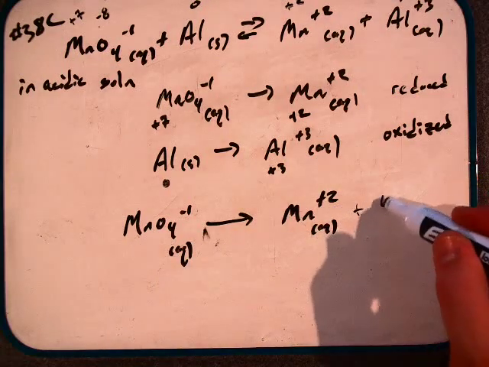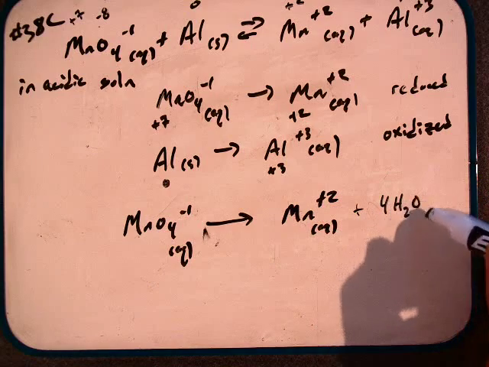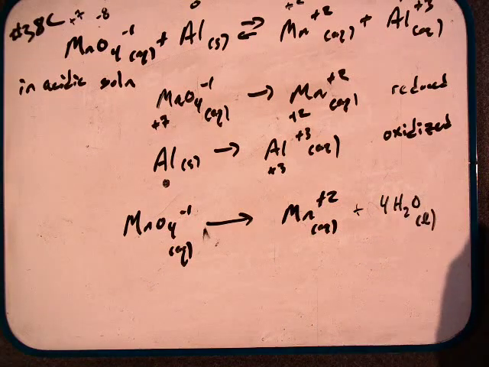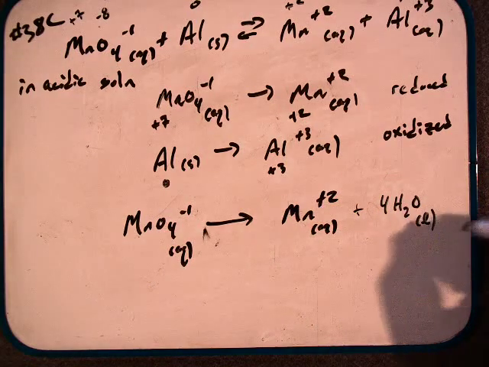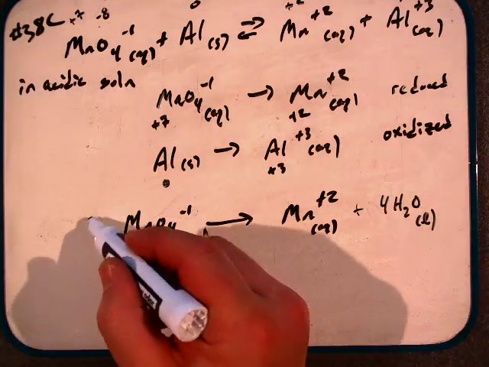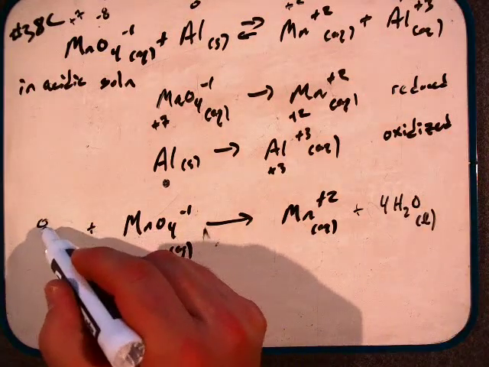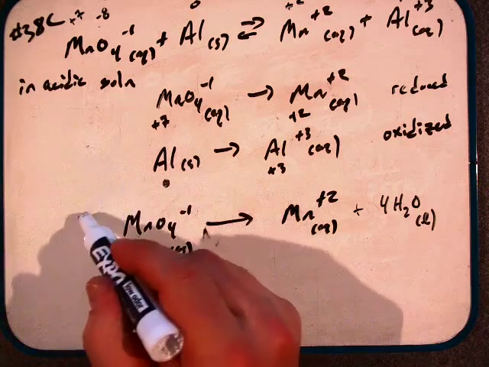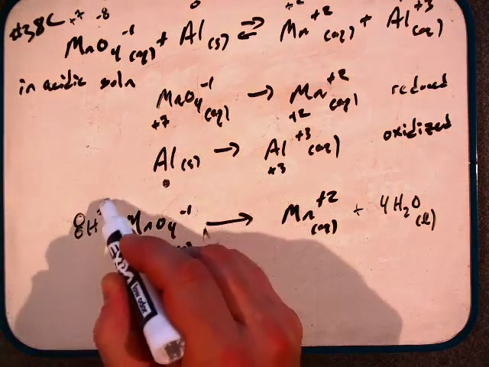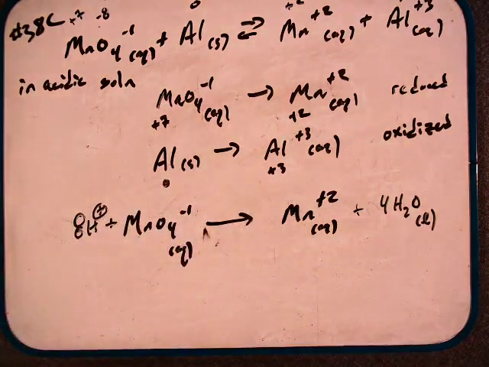We are going to balance out our oxygens by adding water to the opposite side. Now that we have added water, we have to balance out our protons on the other side. So we have 8 protons to balance out our hydrogens, and now all of our atoms are balanced out.